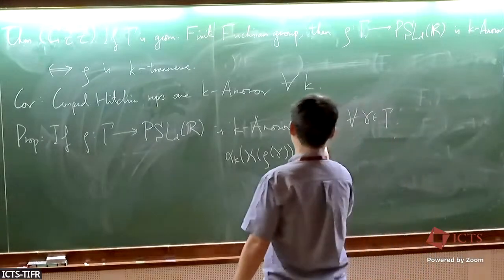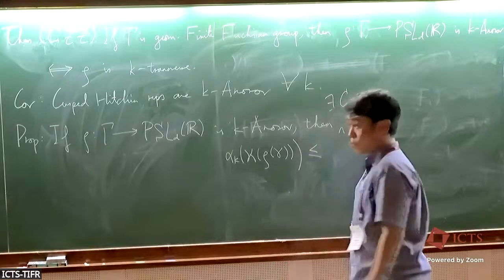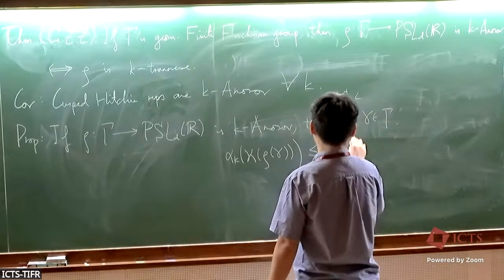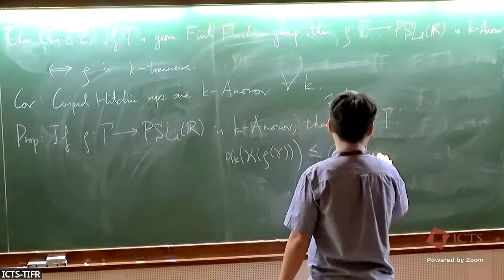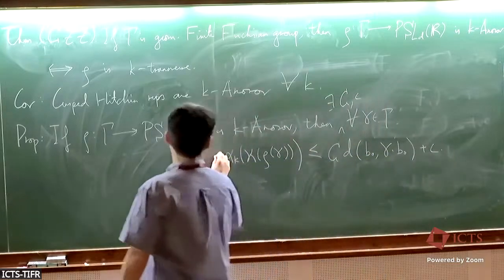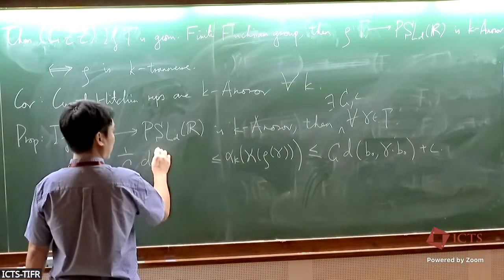What you can say is that there exist some uniform constants, big C and little c, so that this is at most c times the amount you translate the base point, and at least 1 over c times the amount you translate the base point.